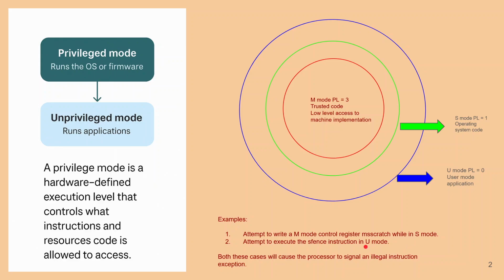The other example is user mode code which tries to execute a supervisor level instruction like sfence. In both cases, the processor disallows the access by signaling an illegal instruction exception, and the control gets transferred to the illegal exception handler.